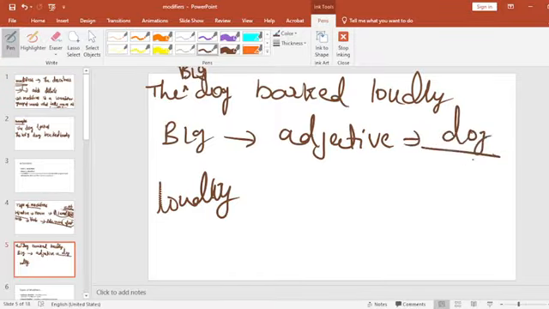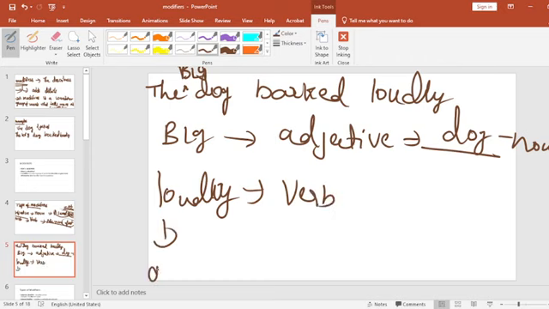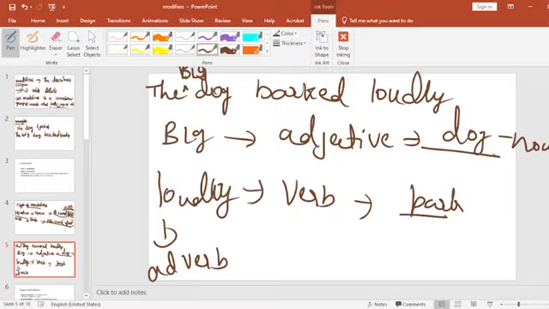Modifying the dog. Dog is what now? If you talk about loudly, it is describing what? The verb, which makes it an adverb. What is the verb? Barked. So it explains how it barked. It barked loudly. So this is all about your modifiers, types of modifiers.